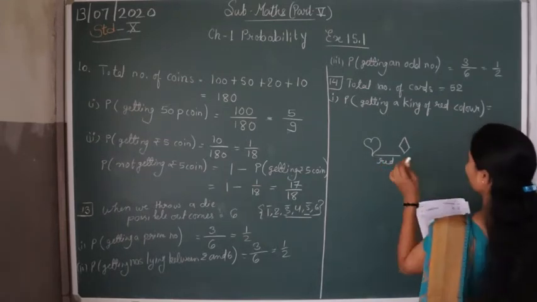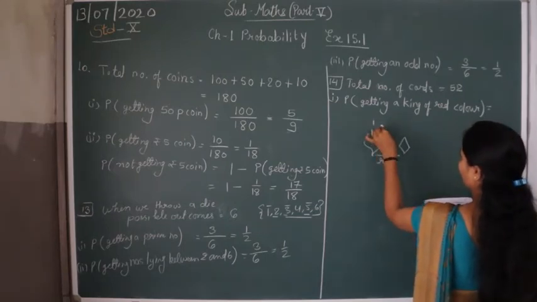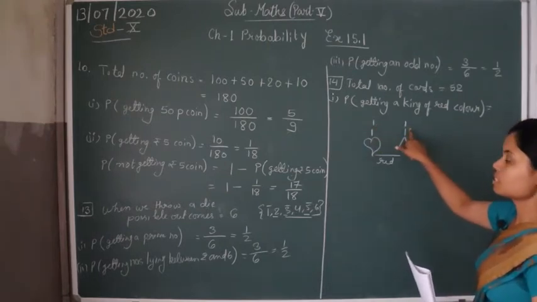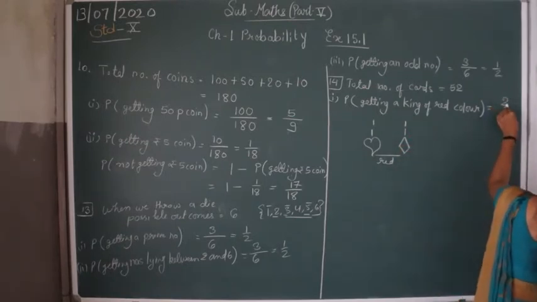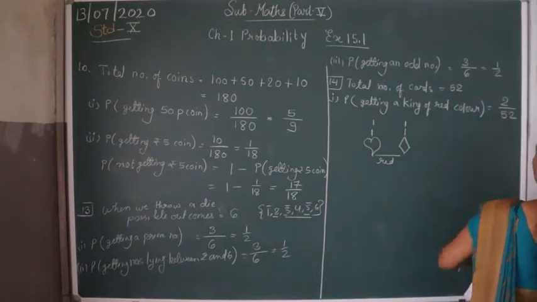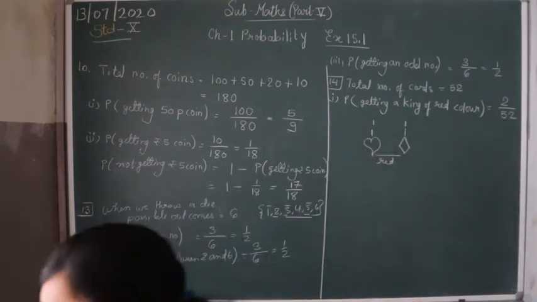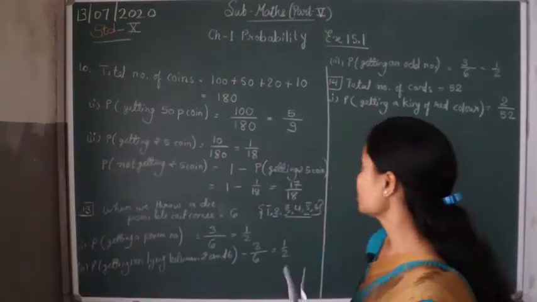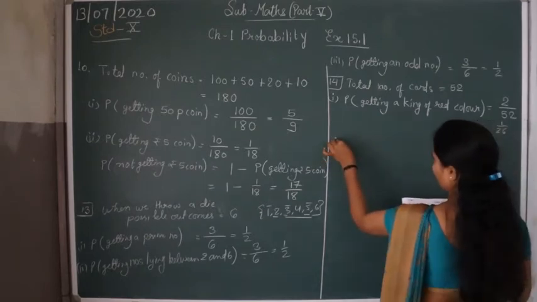And we know very well, in hearts one king, and in diamonds also one king. So we have 2 kings in red cards. So the favorable outcomes are 2 and the possible outcomes are 52. When you solve this, you get 1 by 26.